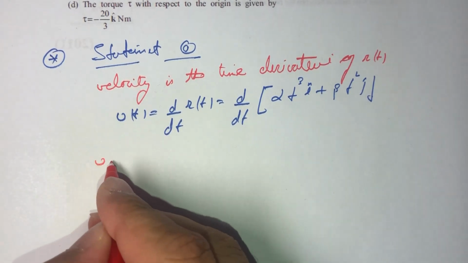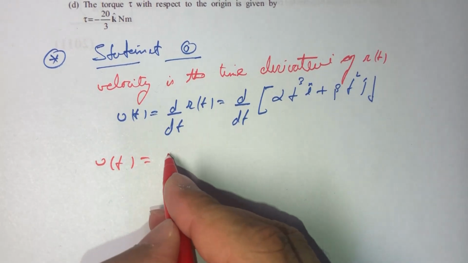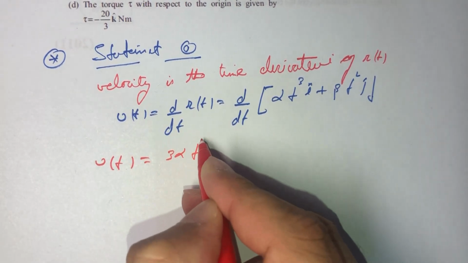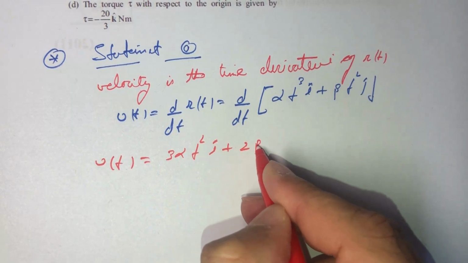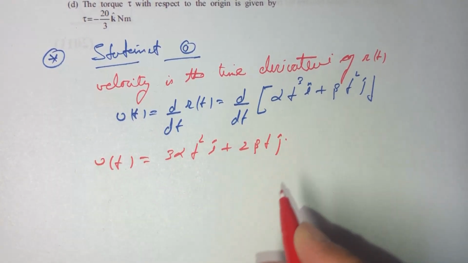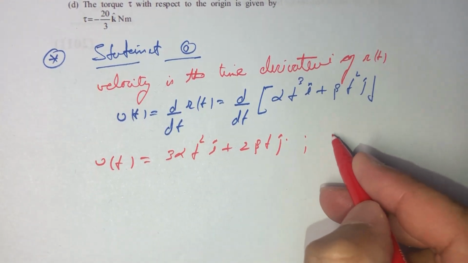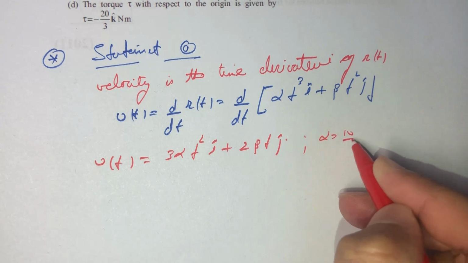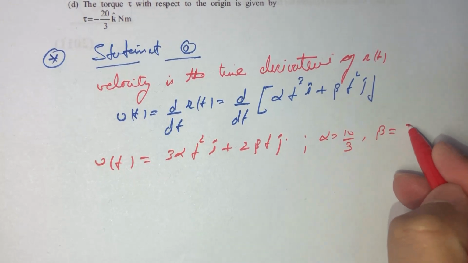So we get v of t will be equal to 3 alpha t square i unit vector plus 2 beta t j unit vector, and we are given that alpha is equal to 10 by 3 and beta is equal to 5.